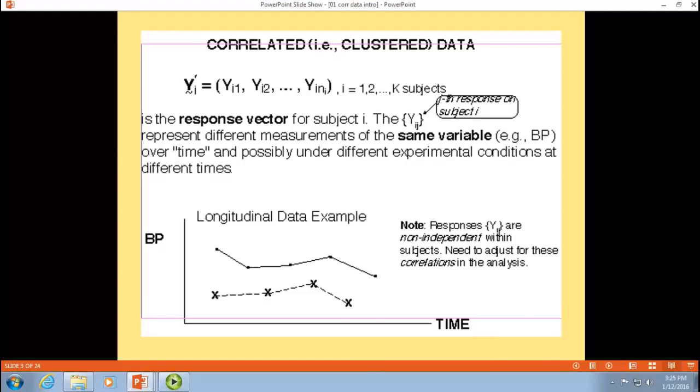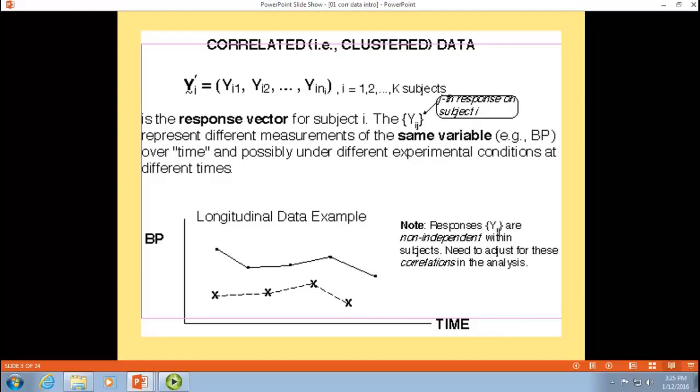Now, if we're talking about repeated measures within a given cluster, or observations within a household, then the number of observations within the ith cluster is going to be denoted as n sub i. So we have i, the cluster, n sub i, the number of observations within the ith cluster, and K, the total number of clusters.